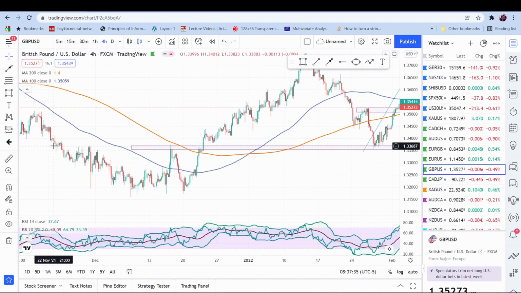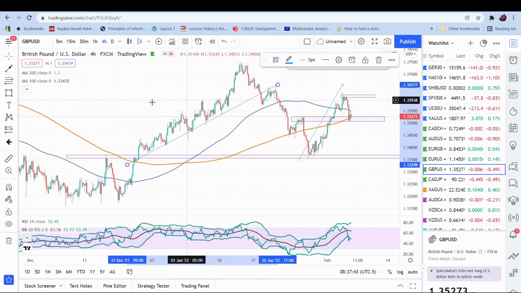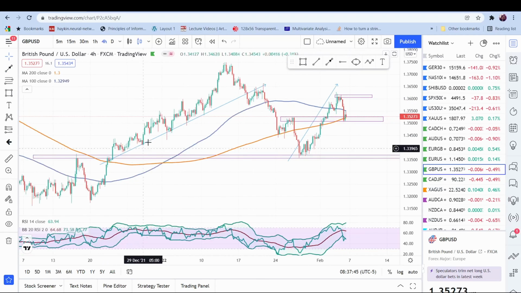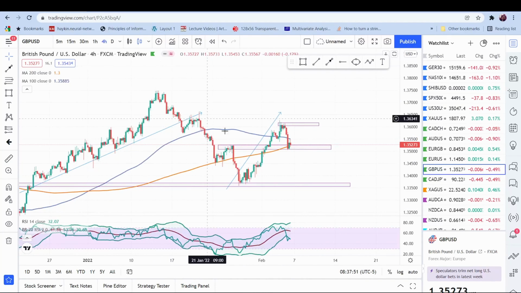Looking from the left, coming to the right, we pushed higher and price continued with this movement to the upside, a sort of channel rejecting off this trend line, continuing higher. We're now pushed lower right here, retested this area multiple times, came up, and had strong rejections from here, a strong bearish candle.